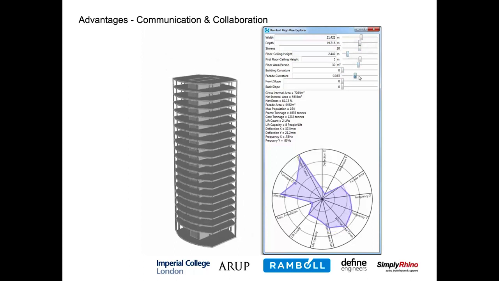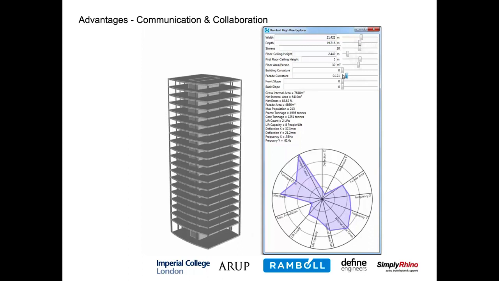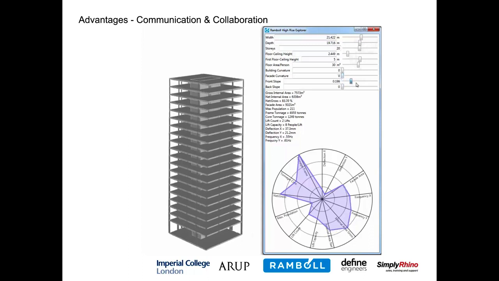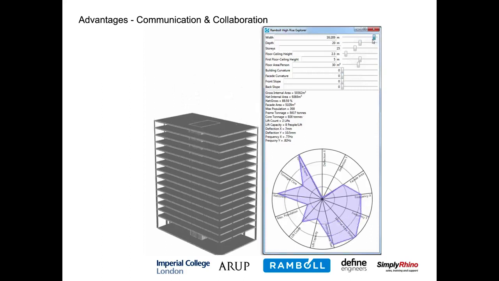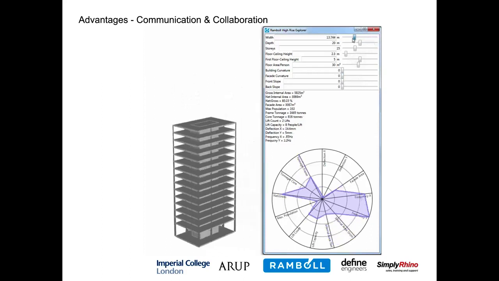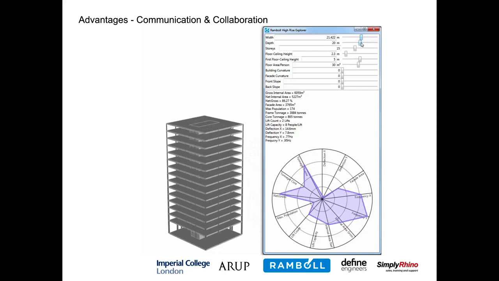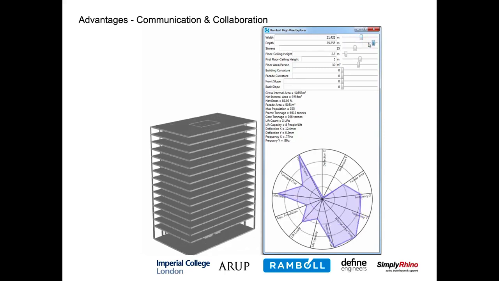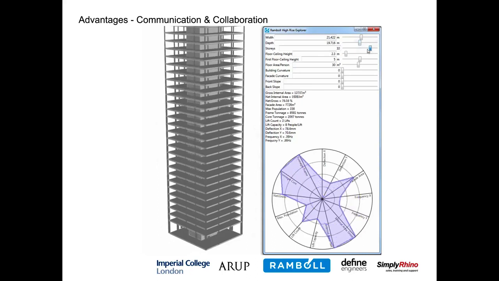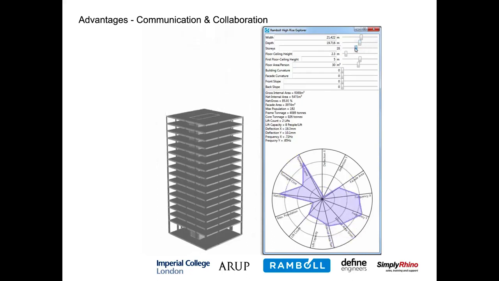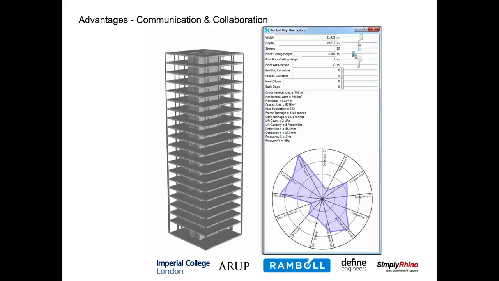What this lets you do is play around with various parameters of the building, and what it is then showing on that spider diagram are several KPIs, key performance indicators, of that building. Stuff like how much floor area you've got, what the deflection of the core is, how much concrete you need to actually build this, stuff like that.